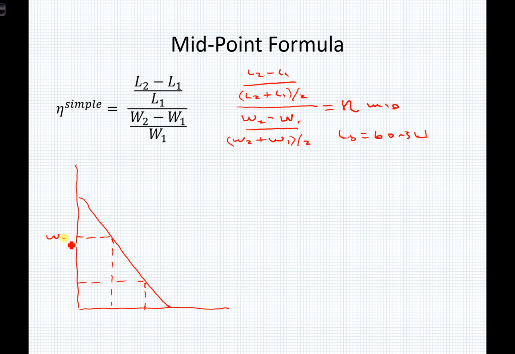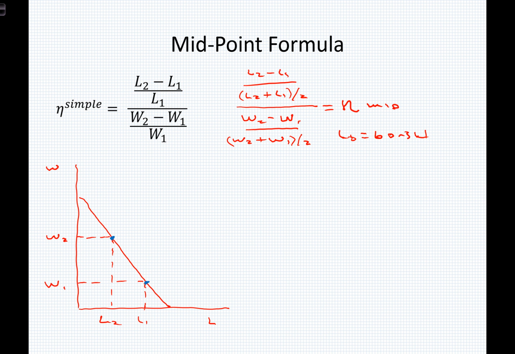If we have W2 and W1, L2 and L1, and L and W, the midpoint formula really is giving us some understanding of the slope between these 2 points. Well, that's fine on a linear relationship. That really is no different at any point. The slope at any point on this line is the exact same slope.